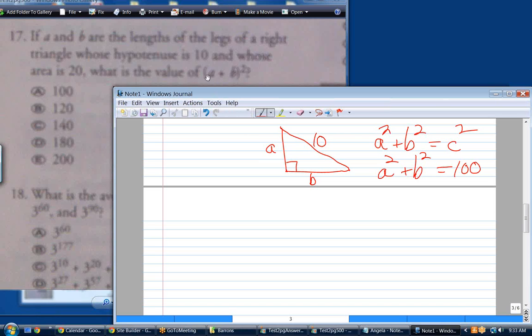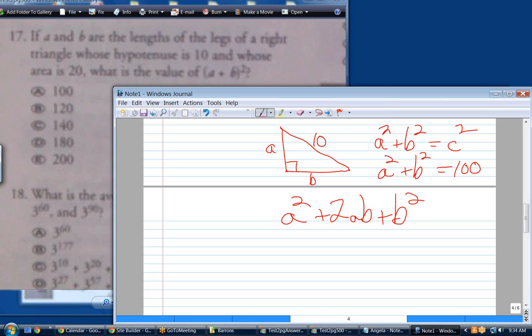Notice this is a plus b quantity squared. What is that equal to? A squared plus 2ab plus b squared. Okay, so that's what they want the value of.